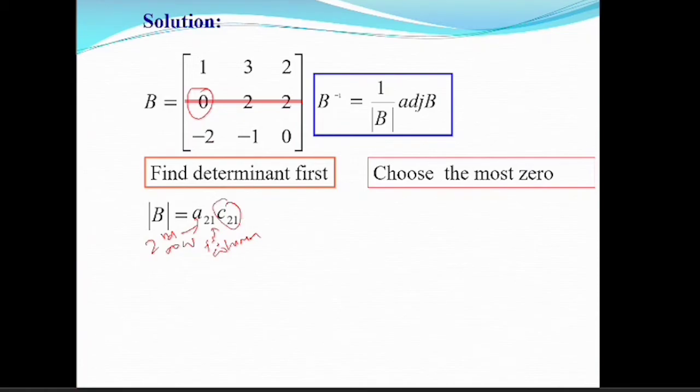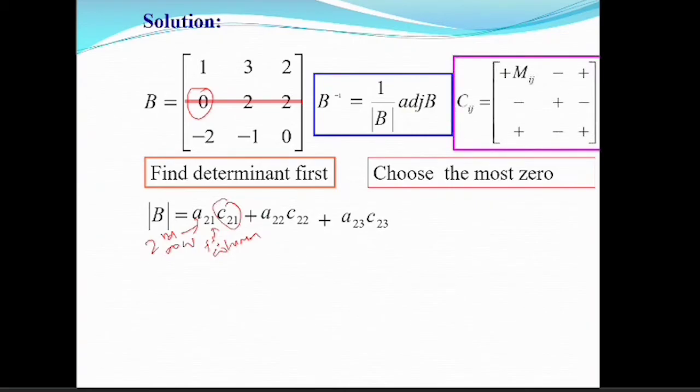The formula will be plus A22 times C22 plus A23 times C23. Remember, cofactor is just the minor with the signs. Since we are looking at the second row, the signs will be in the second row of the cofactor as well.